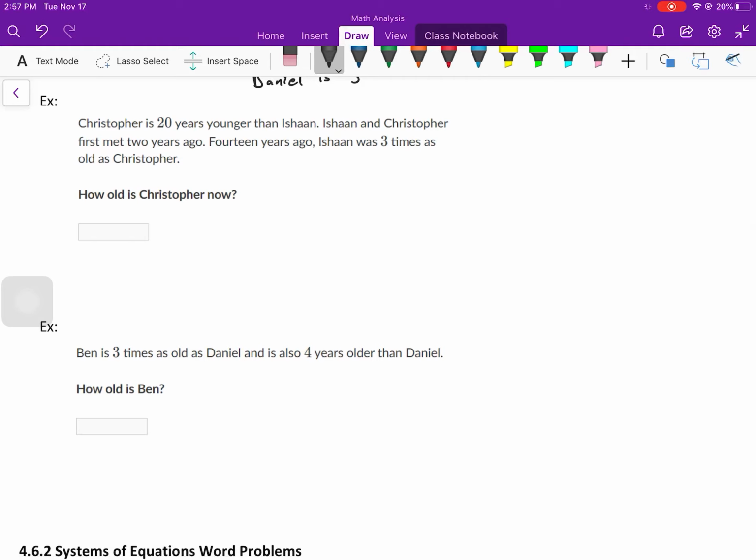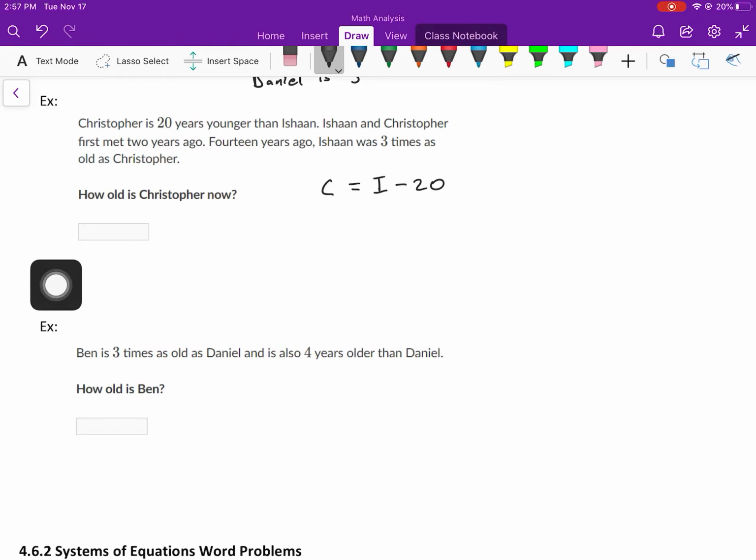Christopher's 20 years younger than Ishan. Ishan and Christopher first met 2 years ago. 14 years ago, Ishan was 3 times as old as Christopher. How old is Christopher now? So Christopher is 20 years younger, so Christopher is Ishan's age minus 20 years, right?